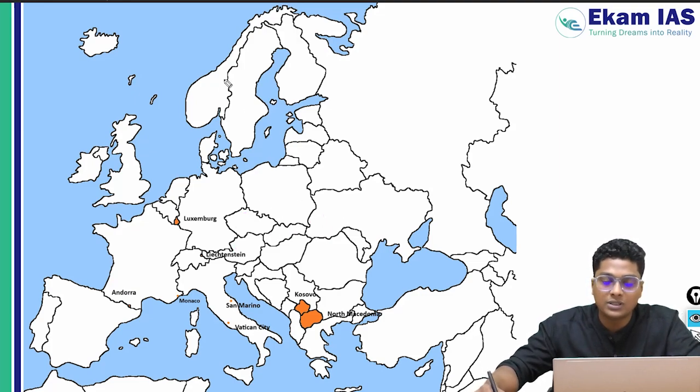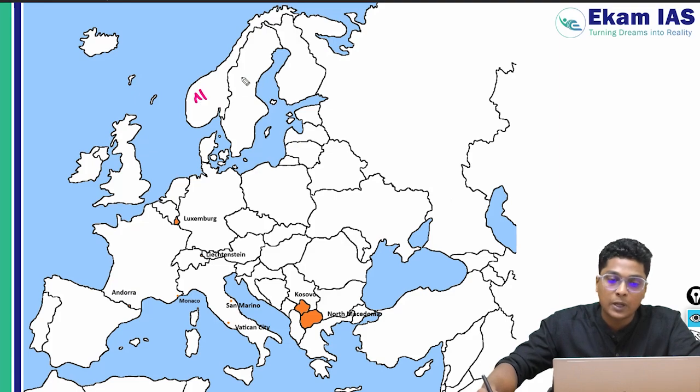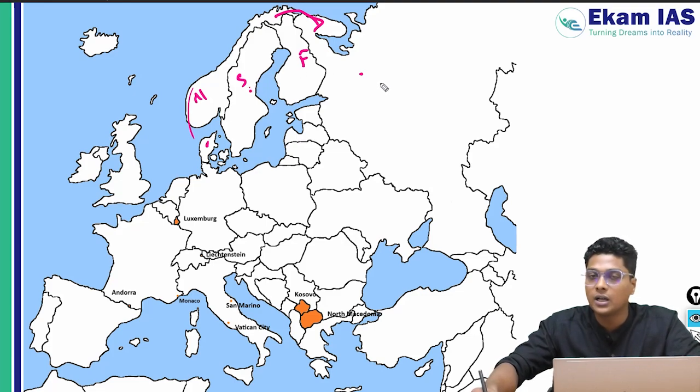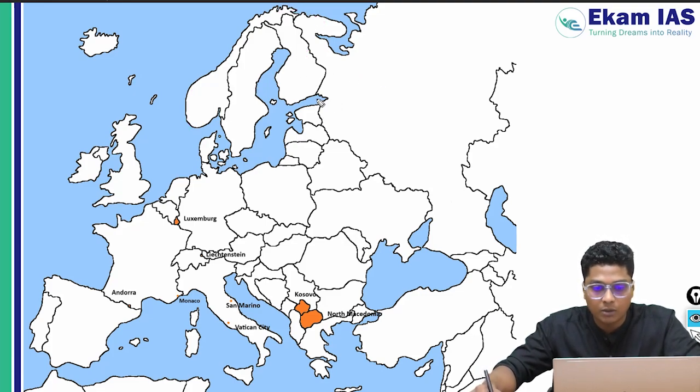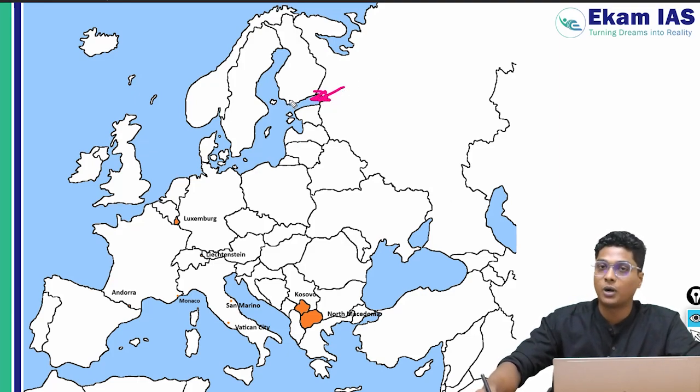Then we talked about these nations, the Scandinavian countries, Norway, Sweden and Denmark. Also here we have Finland. These three nations are called Scandinavia, and then we have Finland here. Norway sharing border with Russia, Finland sharing border with Russia, Sweden not sharing border with Russia at all. Then we talked about this region through which Russia is having access to the Baltic Sea.